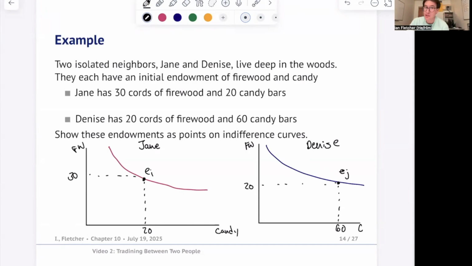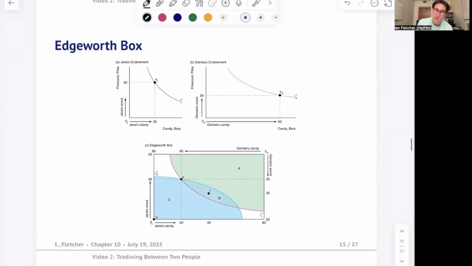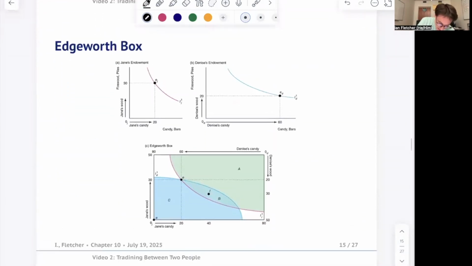One of the things you should notice is that we can combine these two to make what we're going to call an Edgeworth box. An Edgeworth box takes this initial endowment here, and this red indifference curve, and plots it on a box.